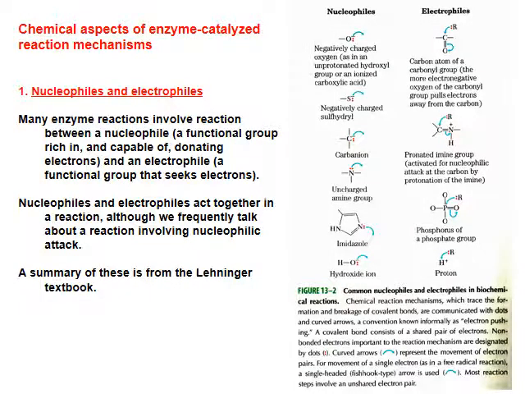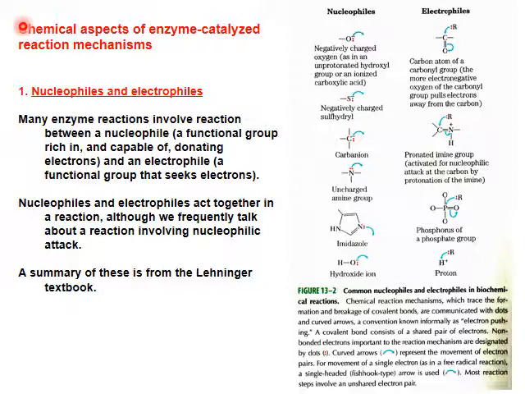So let's look at some of the generalized mechanisms. We don't have time to go through this in detail. I don't expect you to memorize any of these examples. I will show a couple examples to emphasize key features as a way to see that, yes, these mechanisms do prevail.